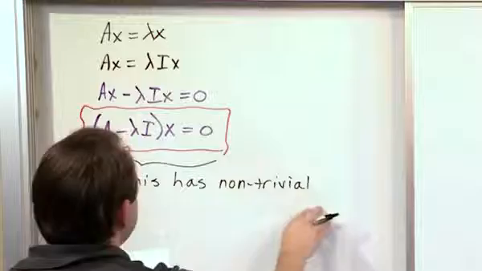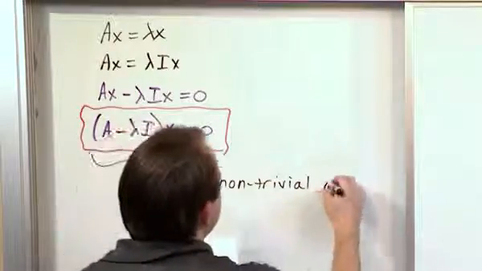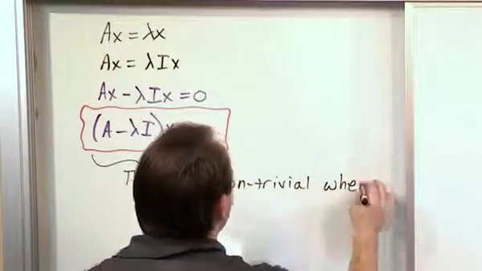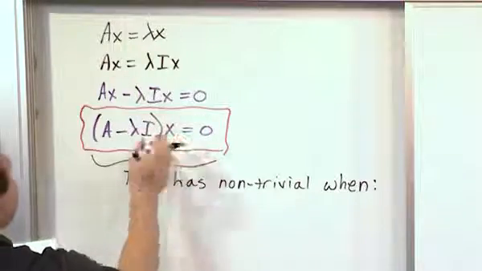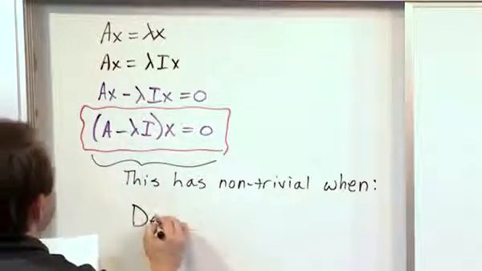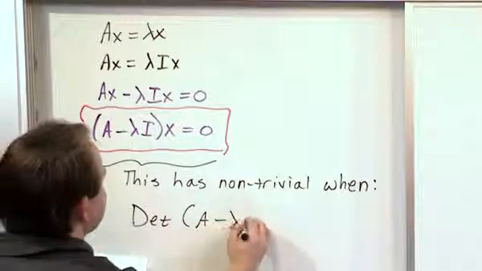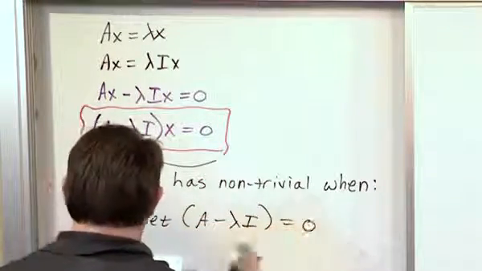We want to know when things are more interesting than that. It has non-trivial solutions when the determinant of this matrix in front of the variable x, the determinant of A minus lambda I, is equal to 0.